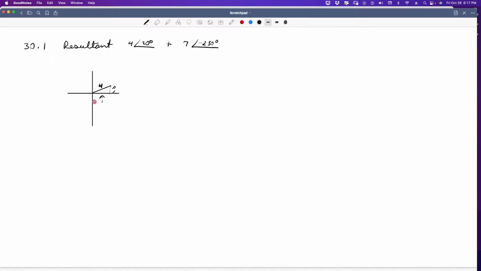Okay. So for this vector, or this polar coordinate, we'll find the rectangular coordinate. So we've got 20 here, 4 here. In order to find these, we have to know whether they're the opposite or the adjacent. So in this case, J is going to be the opposite and I is going to be the adjacent.